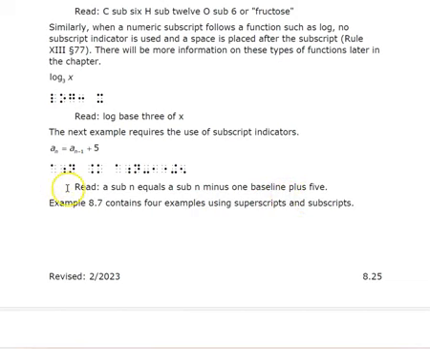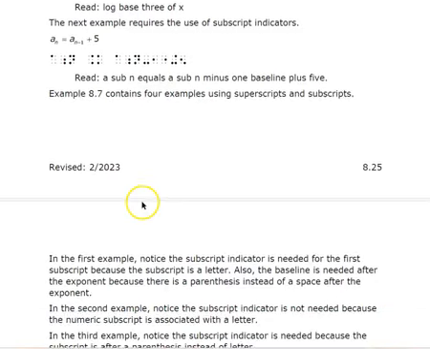So we got an A subscript n. So we did need the subscript sign because now it's a letter. Okay? Equals A subscript n minus 1. Dot 5 brings it back to the baseline plus 5. Okay.